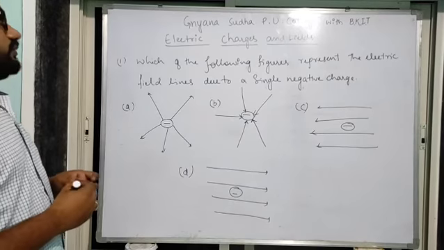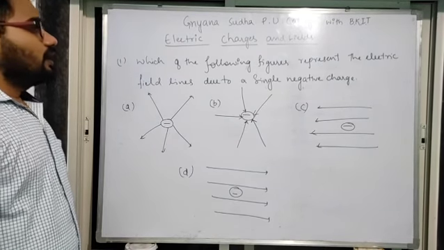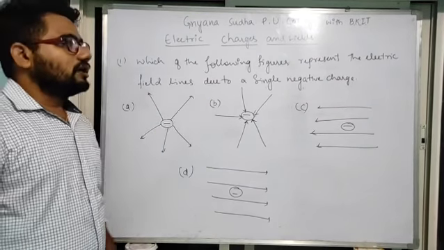This is the question. Which of the following figures represent the electric field lines due to a single negative charge?